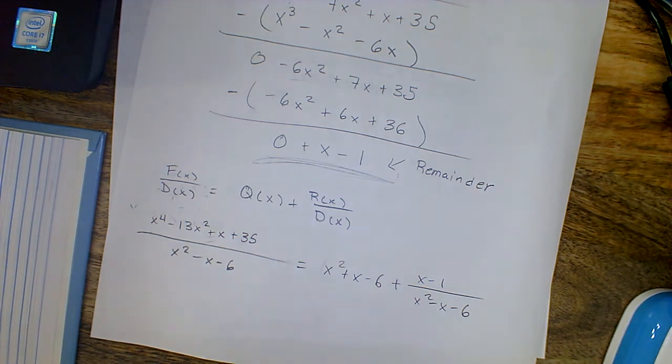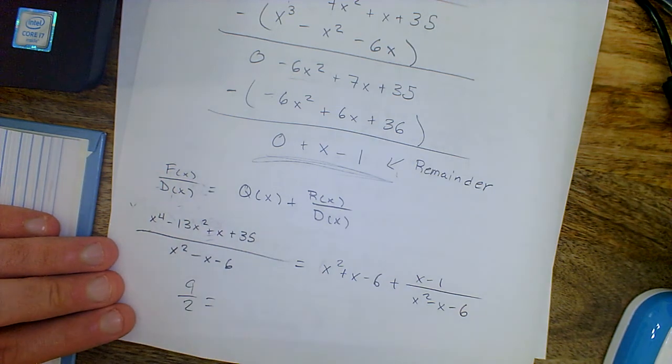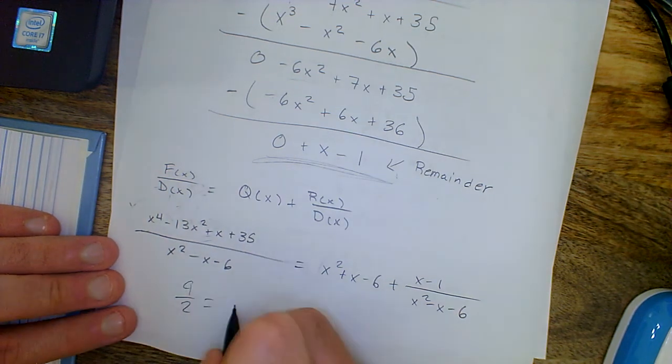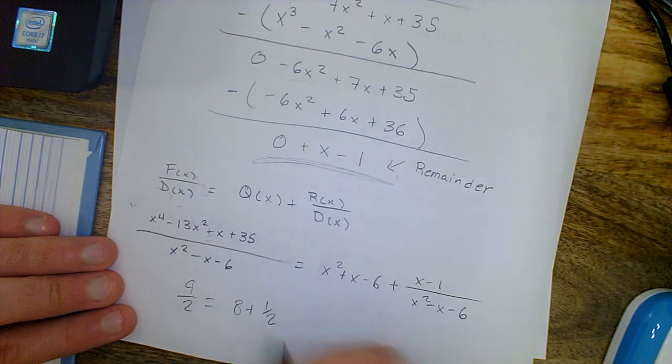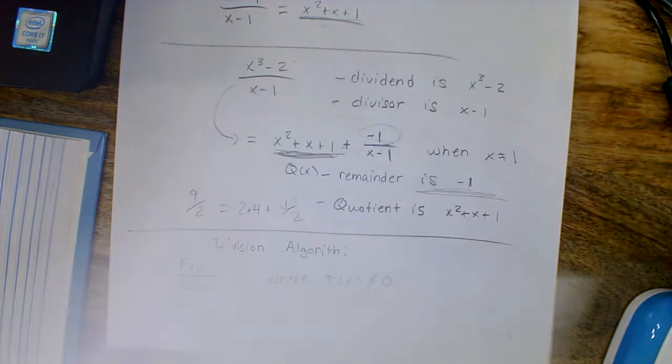Right, and it's just like numbers. If I had instead, right, 9 divided by 2 is equal to 8 plus 1/2. So 8 would be the quotient, and 1 would be the remainder. Here's the divisor. Okay, all right. So that's good.